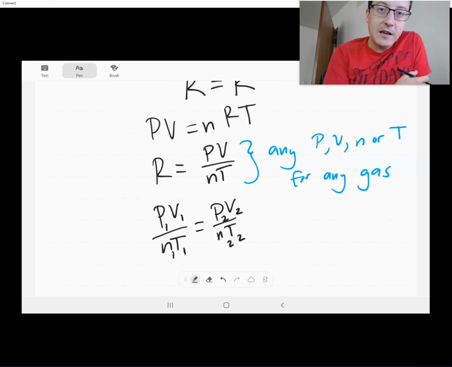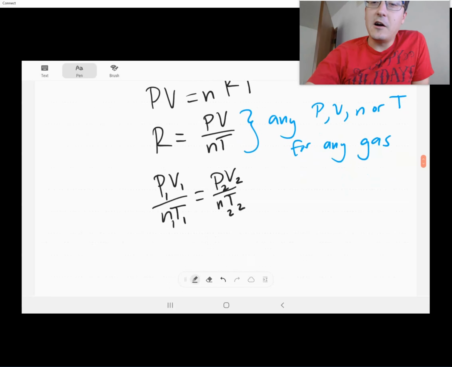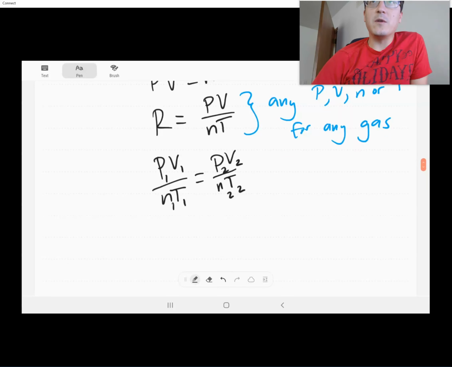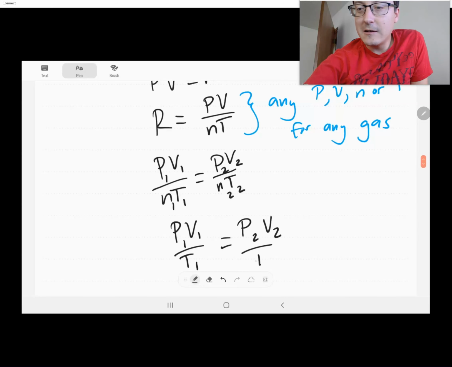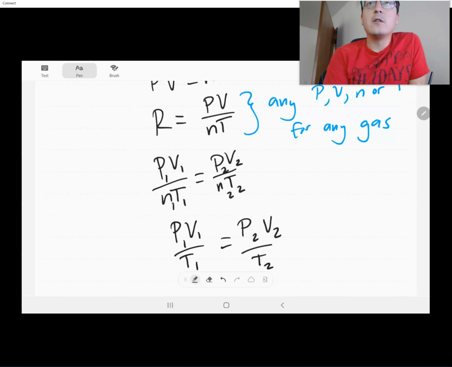Now, typically, you're not messing with the number of moles. That's just typically harder to do. So very often we don't even worry about that with this formula. We just say PV over T equals PV over T.